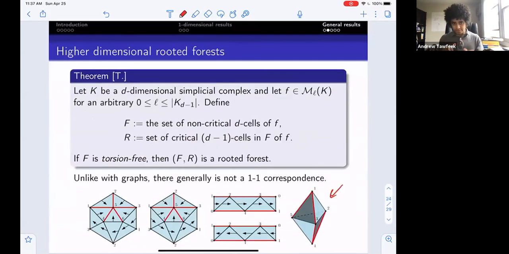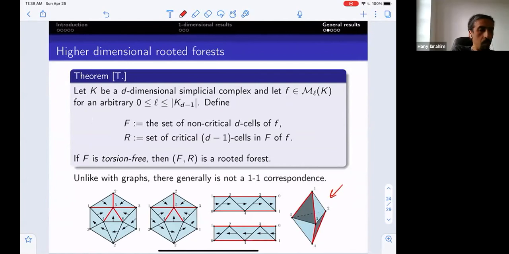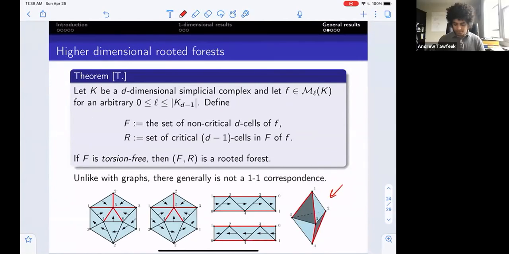I didn't define what a higher dimensional rooted forest is, but this is an instance of a rooted forest of the equilateral bipyramid that fails, whereas other two-dimensional complexes work. So there's some topological property concerning this thing that at least I couldn't characterize. Yeah, that's making it fail. So there are other topological properties coming into play here that at least I personally don't understand.